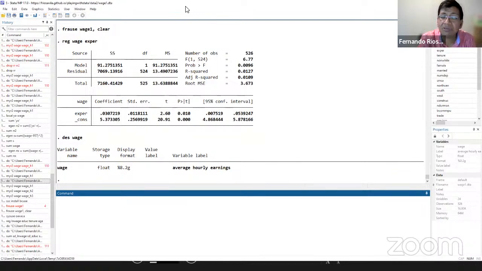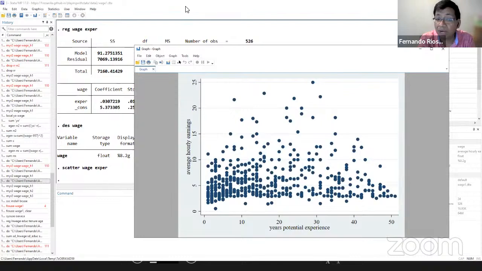Now, is a linear relationship enough for this kind of data? As I mentioned, either last class or the class before, one of the things you can do to figure out if the relationship is indeed linear, especially when you have only 2 variables, is to plot the results and see what's going on.